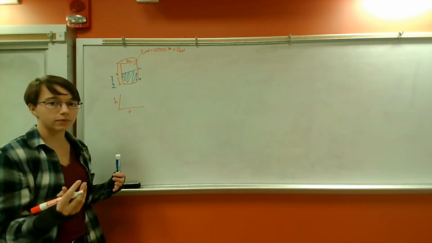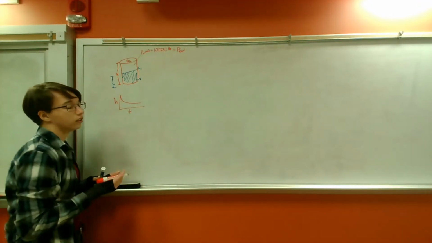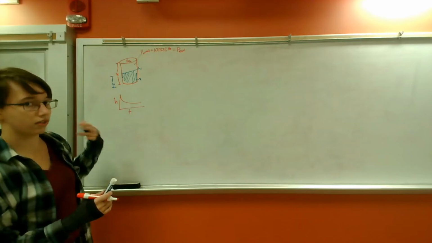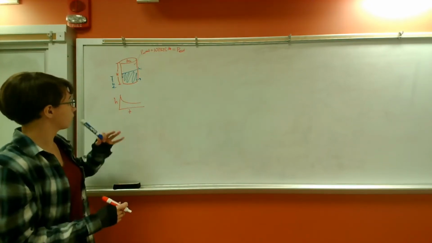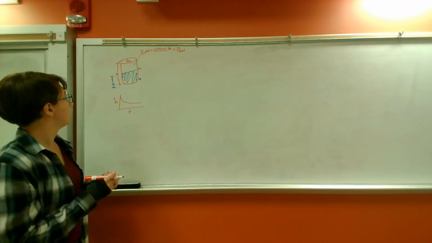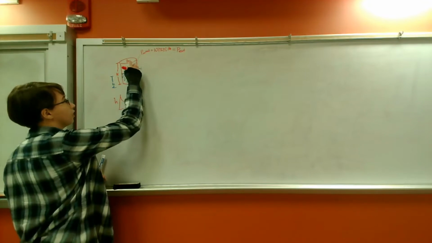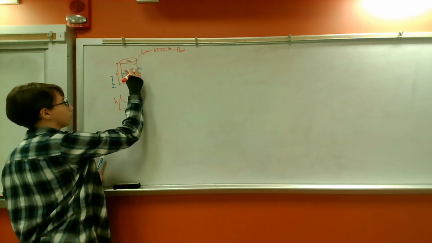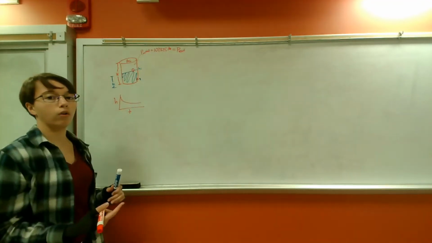And in general, from experience, we can know that this will look something like that, where it eventually flattens out and stops altogether. So we're looking for this relationship, and we're going to note two important points for this, and that's one right here on the surface of the liquid, and two, which is right at the hole.